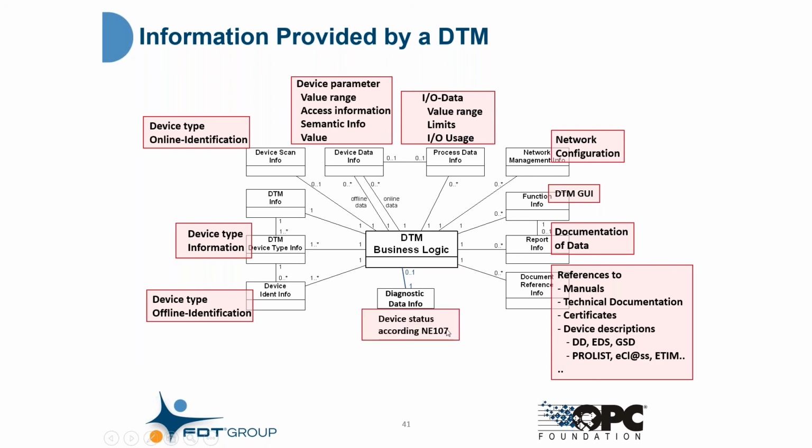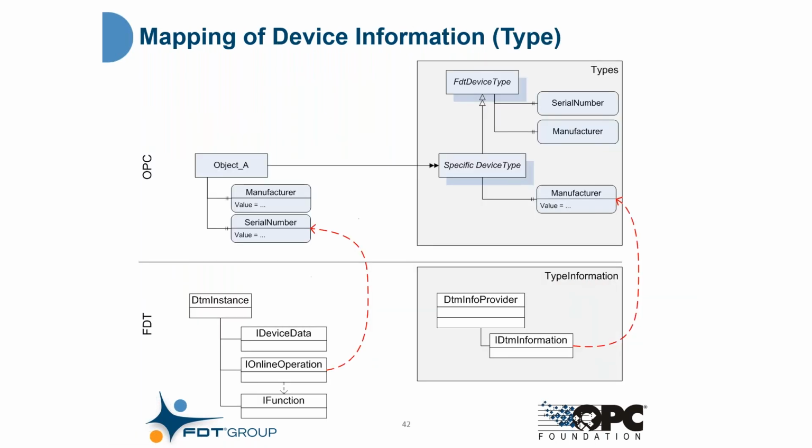So all this information is available from the device. Basically, now we had to think about how to map it into the OPC information model. So we started basically with device type information. Device type information mainly is supported by DTM information. It's also type information in the FDT space.